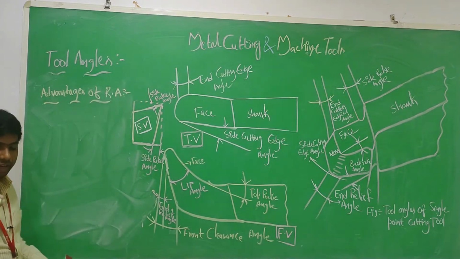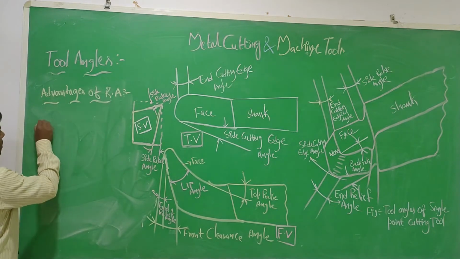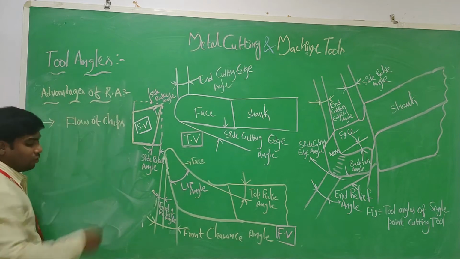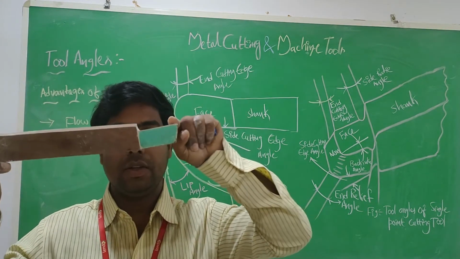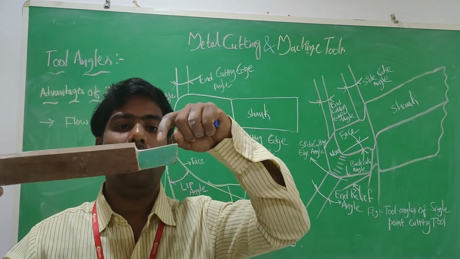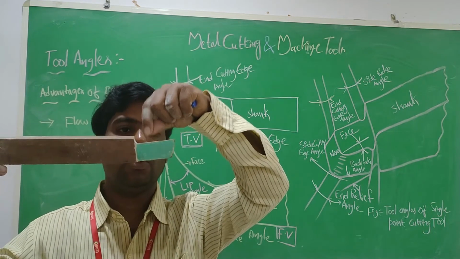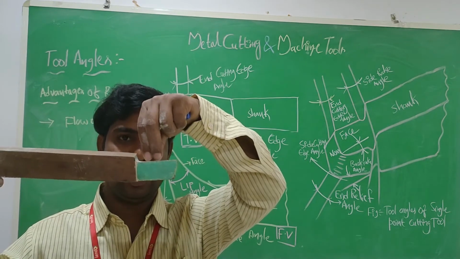Advantages of rake angle. Why are we discussing all these rake angles? They are very helpful for the flow of chips. This is the rake angle, right friends? If there is no such inclination here itself, what happens? The formed chips can be stored on this particular face, so automatically the pressure of the chips on the top surface increases.